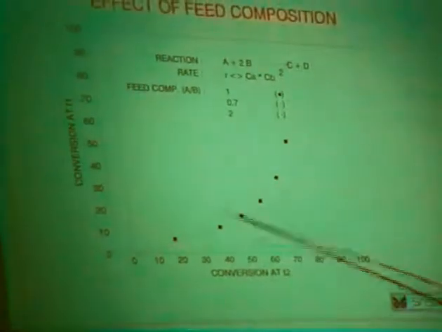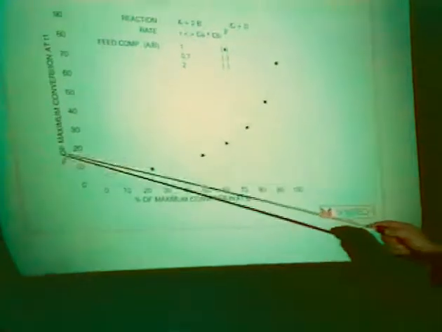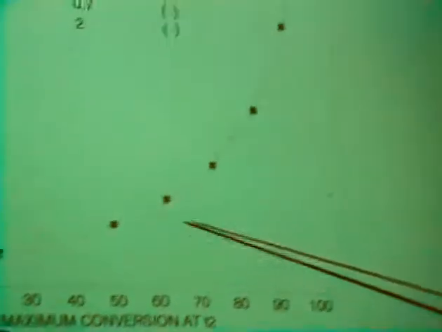You can see that again it deviates from the unique function, and again it goes back into the same function if you do plot it as percentage of the maximum conversion at T1 and percentage of the maximum conversion at T2. So it does seem to be a kind of general approach.